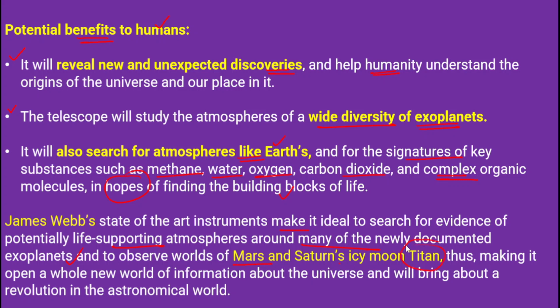So because of this reason, it opens a whole new world of information about the universe, and will bring about a revolution in the astronomical world. So this is how you have to write the conclusion in an optimistic and hopeful manner about the James Webb Space Telescope. So that makes your conclusion holistic and comprehensive.